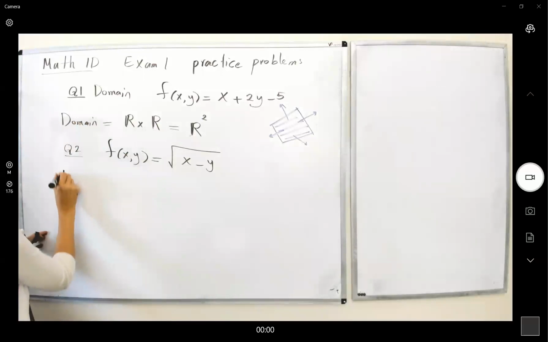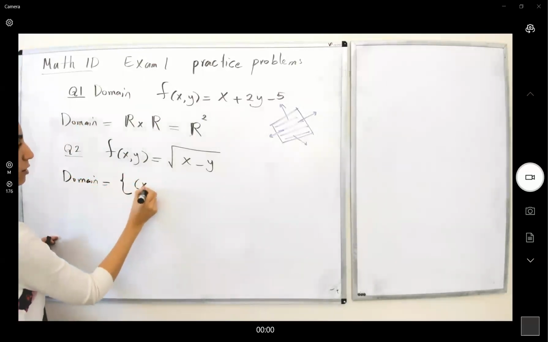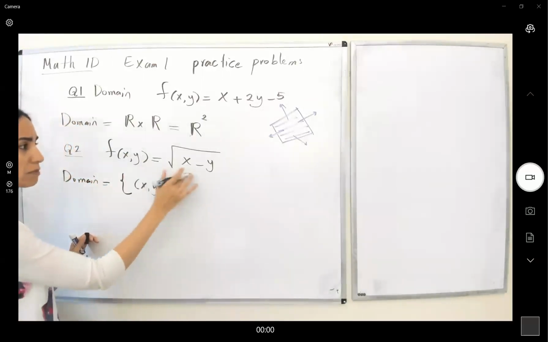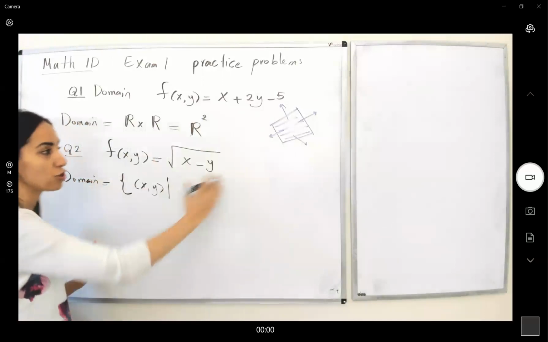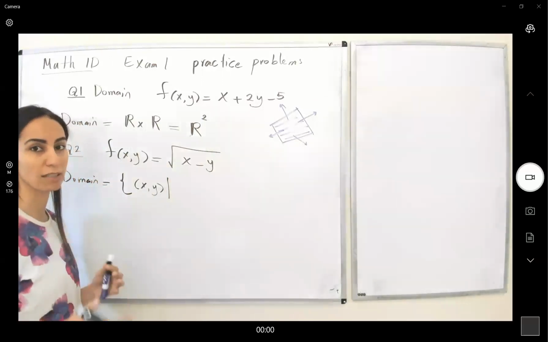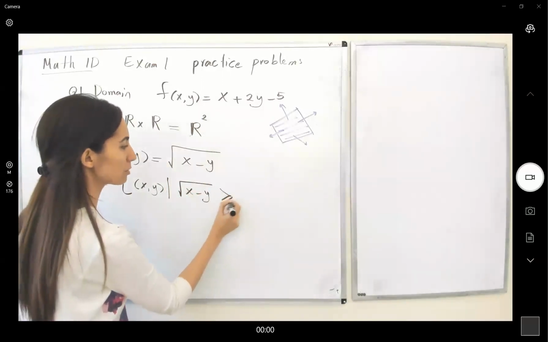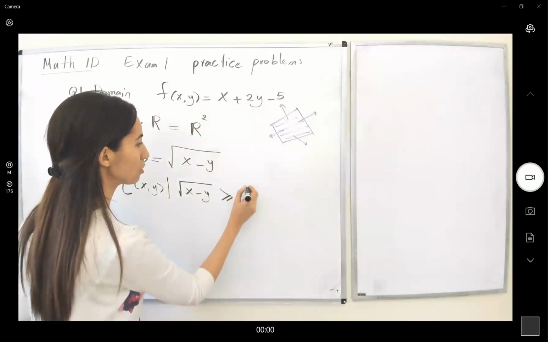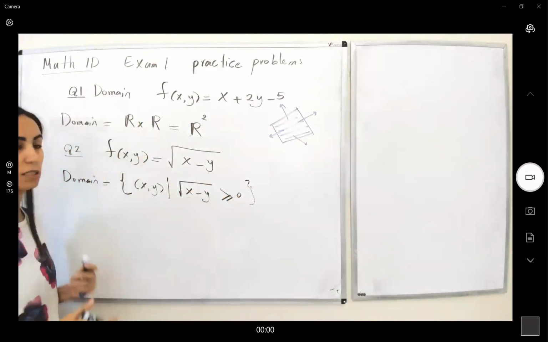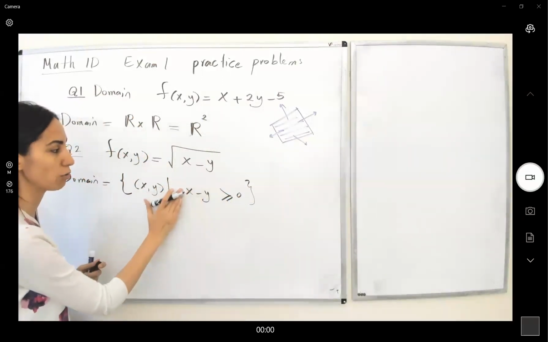So to find the domain of the function, the domain is equal to the set of all points x and y such that x minus y must be greater than or equal to 0.